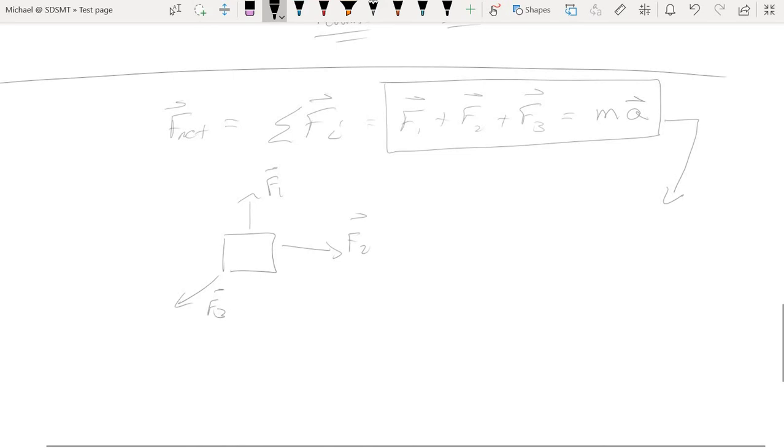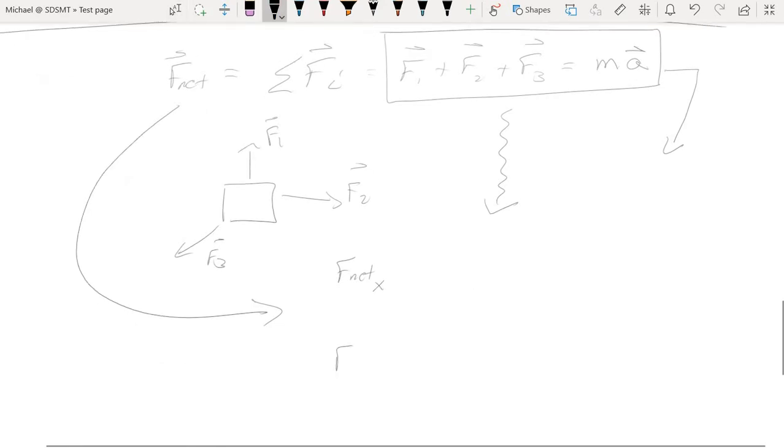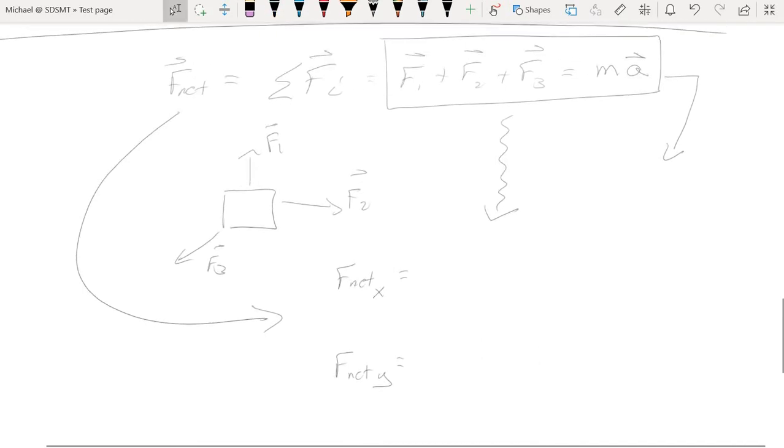I would much rather take this expression and break it up into x and y components. So whatever the net force is that acts on our mass, that net force should have an x component associated with it, and it should have a y component associated with it. If I know what those 2 components are, then I can put them back together and form the magnitude and direction of that net force.